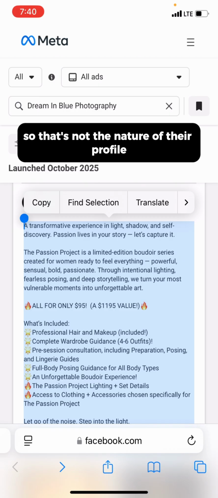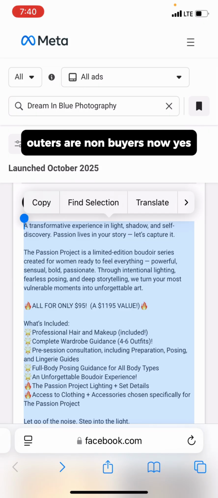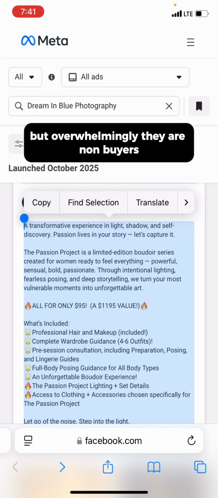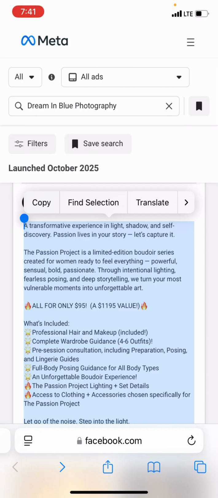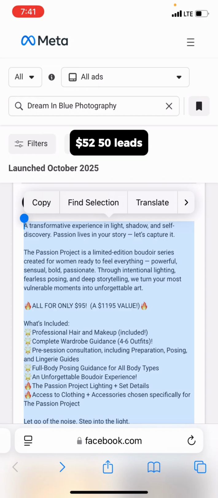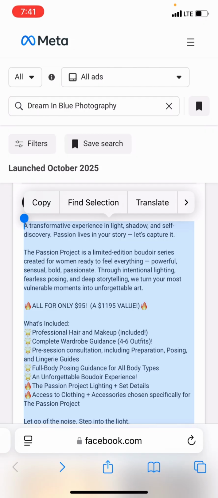That's not the nature of their profile, because that's not how they behave. AKA, lead form fillers are non-buyers. Now, yes, there'll be the tiny dusting that does fill out the lead form and buy, but overwhelmingly they are non-buyers.